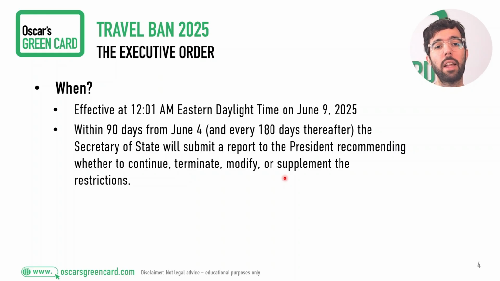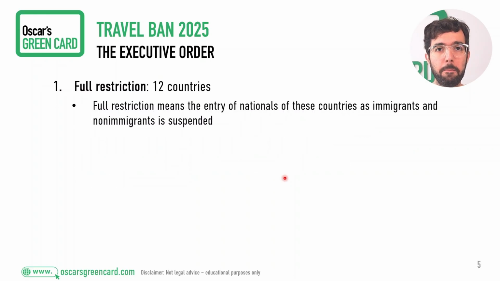So it's important that this is going to be something that is there indefinitely until they cancel it, pause it, add or subtract countries, whatever it is. They have this ongoing review process for it.